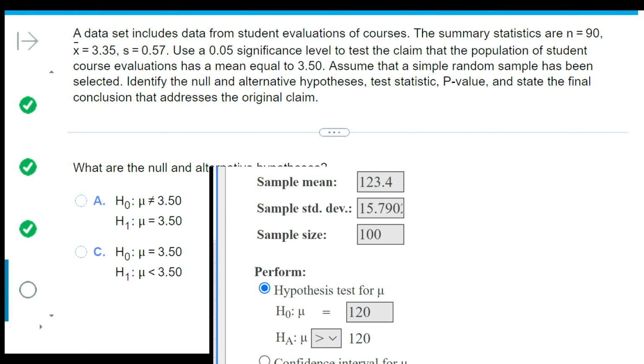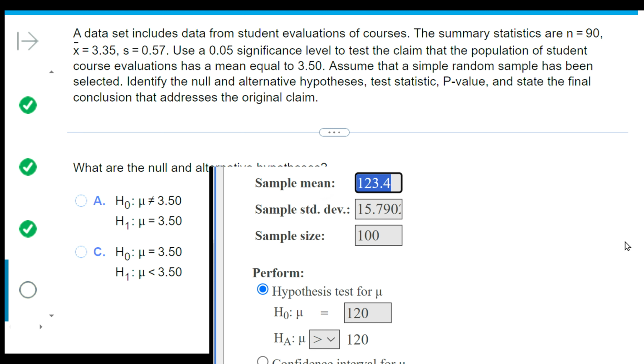They give me the sample standard deviation, which is 0.57. They give me the number of evaluations they looked at.